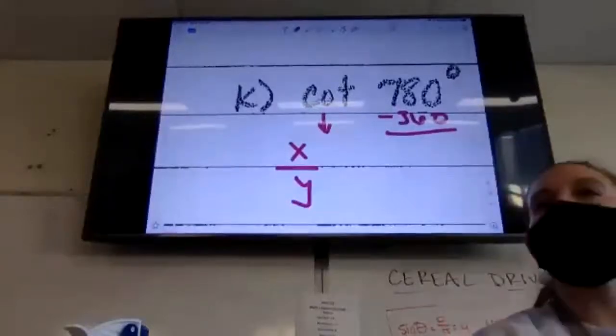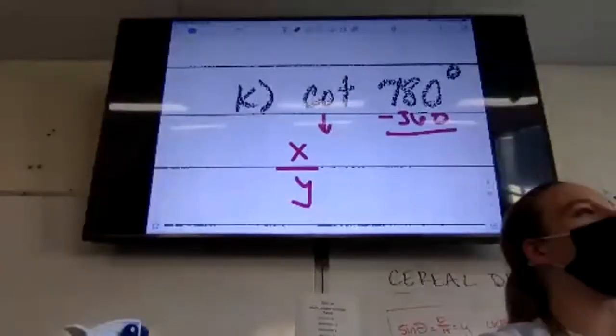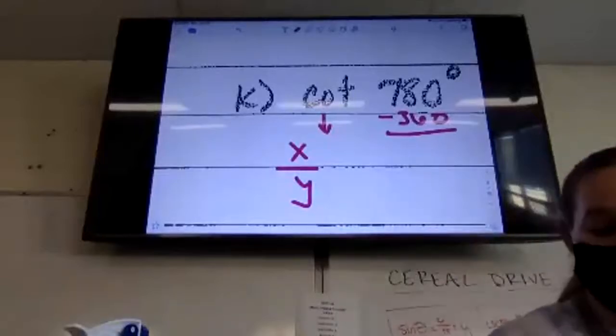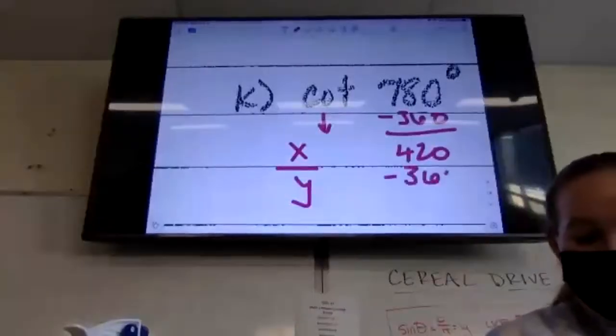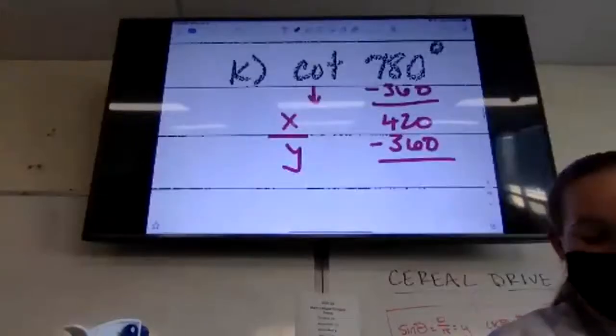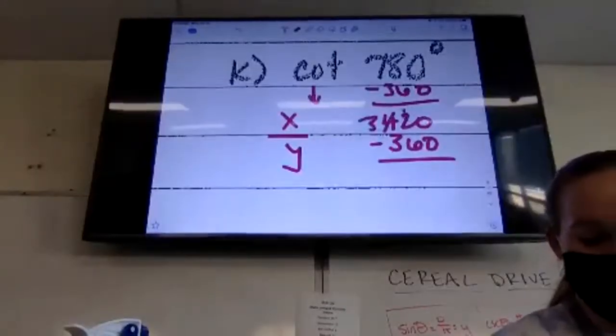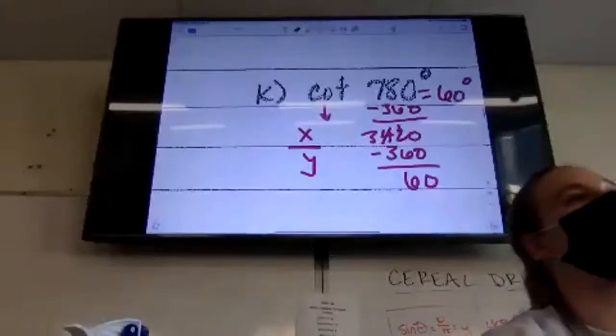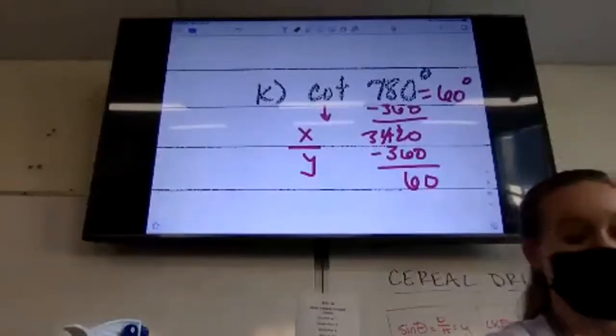Anytime you see a number that's not on your unit circle, just start minusing off 360 until you get one that is on your unit circle. So that becomes 420. And then I minus 1 more 360, and that gives me 60. So 780 is the same thing as 60. They're the same angle. They mean the same thing.